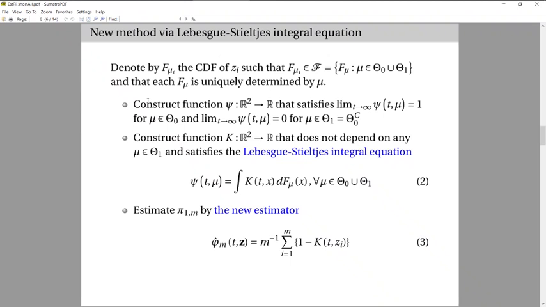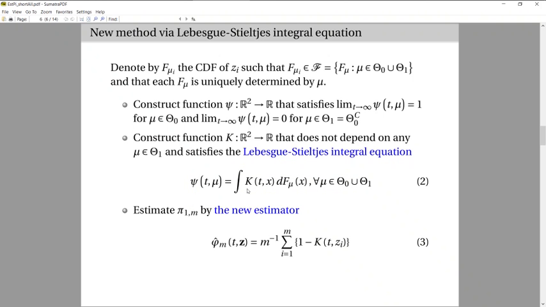The new method starts by constructing a bivariate function psi, such that as t tends to infinity, psi(t, mu) converges to 1 for each mu belonging to the null set, whereas psi(t, mu) converges to 0 for each mu belonging to the alternative set, which is the complement of the null set, and then constructing a bivariate function k that does not depend on any mu belonging to the alternative set and that satisfies the following Lebesgue-Stieltjes integral equation.